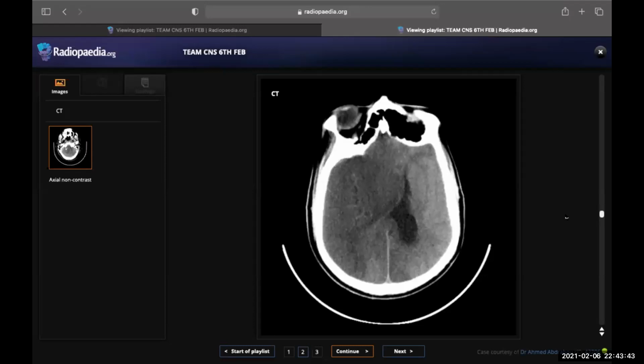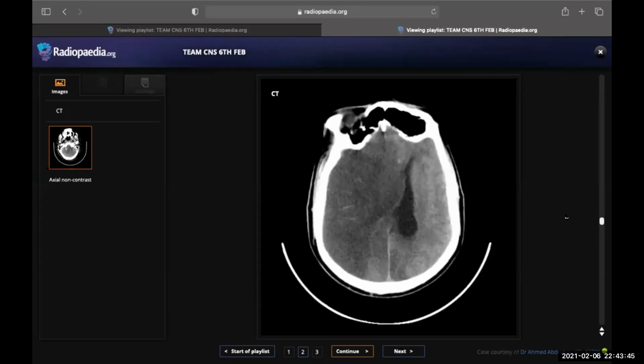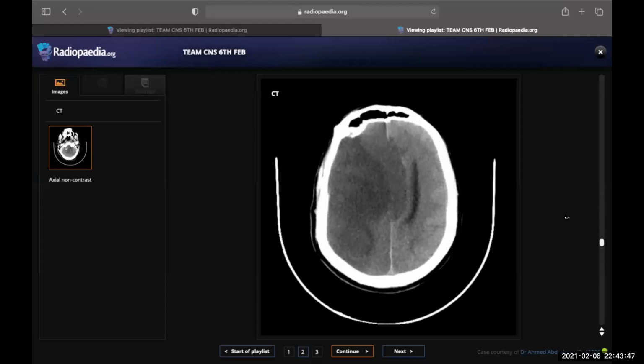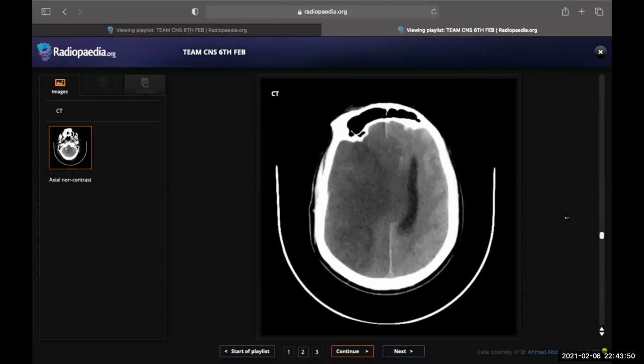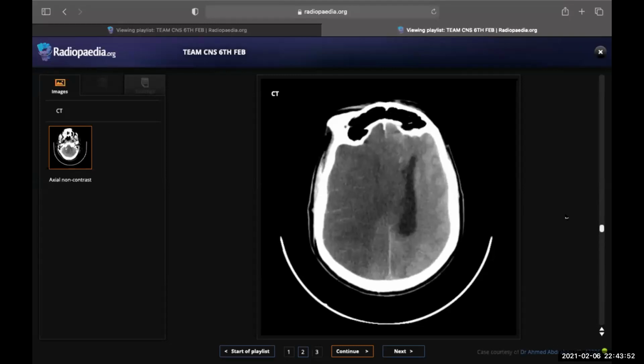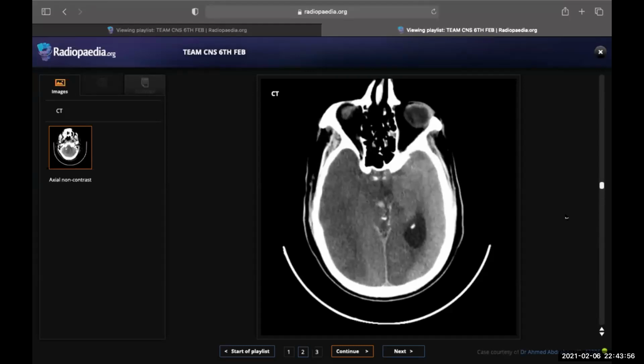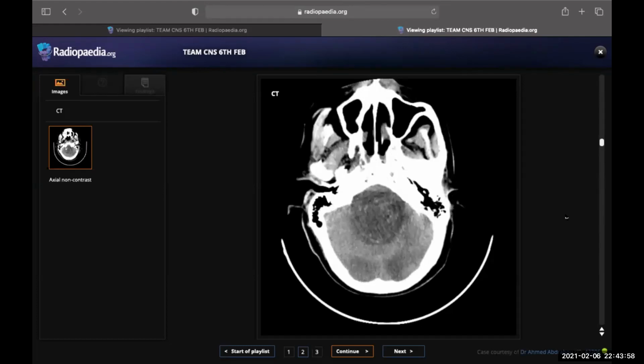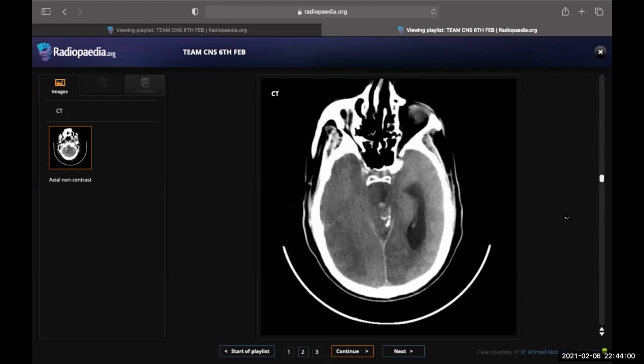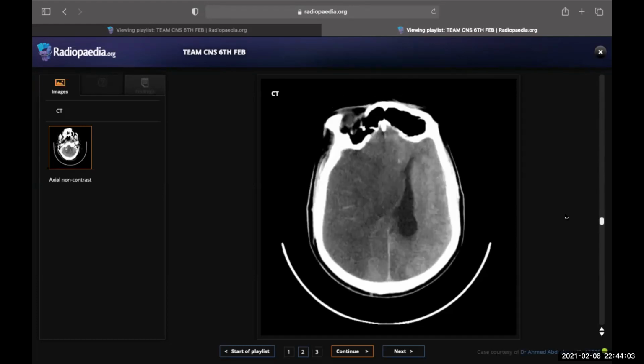Infective, like granulomatous disease, but no history of infection. The hypodensity on the left side can be an infarction, but you mean the right side? The right side, sorry. But the only thing is these extraaxial hyperdense lesions.